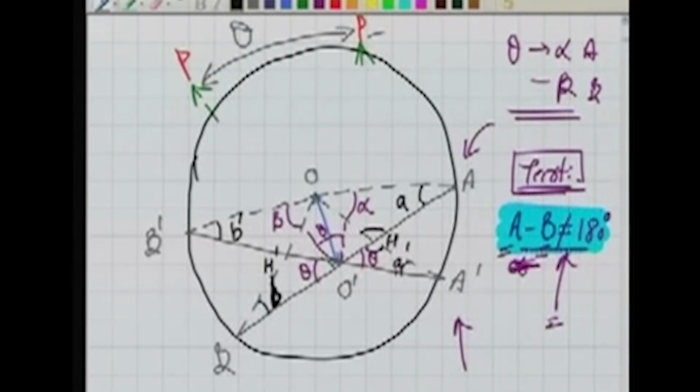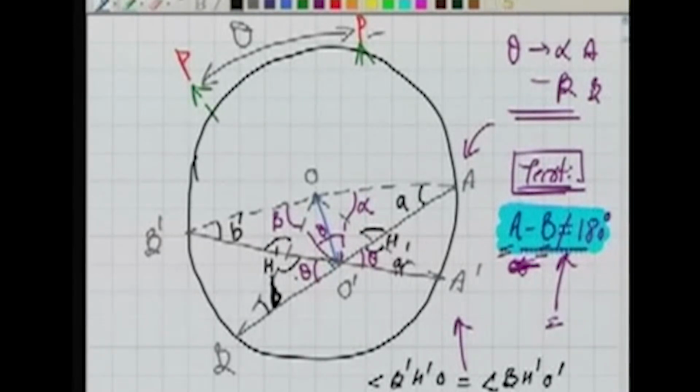Similarly here, in triangle O, B dash S dash, and in triangle O dash, S dash and B, here also these two angles are same. The angle B dash, S dash and O is same as angle B, S dash and O dash.